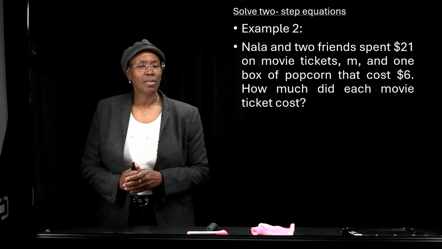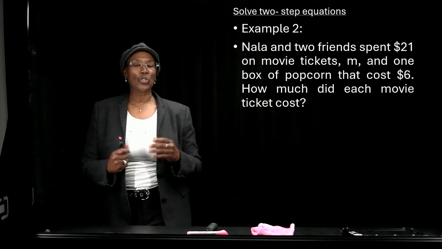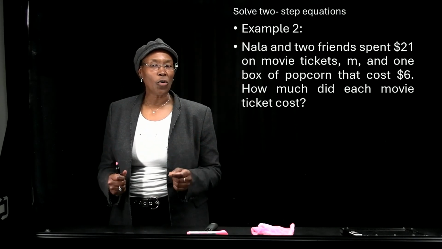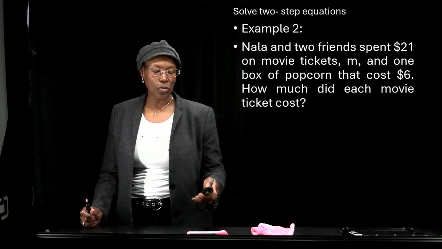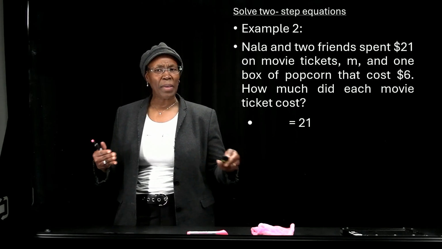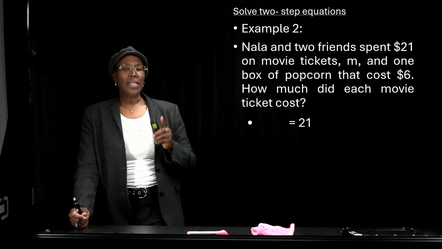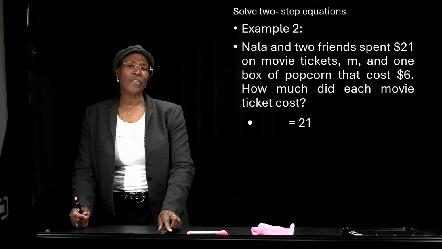Yes, Christian. That is correct. $21 is your total. So the total means that is your equal. So we can first write on our first line, just in developing our two-step equation, equals 21. Now, let's go back to the very first sentence again.